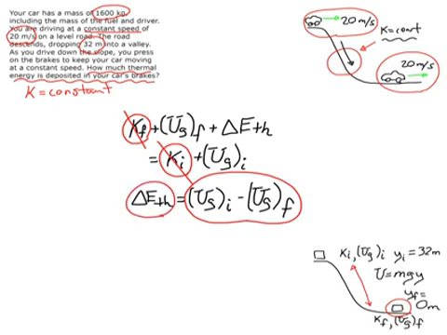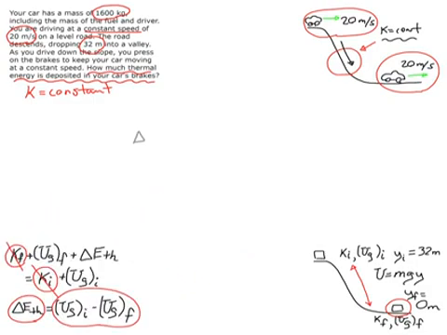Now we're ready to put in some numbers. We'll rewrite the equation. Our change in thermal energy is equal to our initial potential energy, which we write as m times g times yi, minus the final potential energy, which is m times g times yf. Now we can use the values for the initial and final positions. The initial height was 32 meters. The final height was 0 meters.